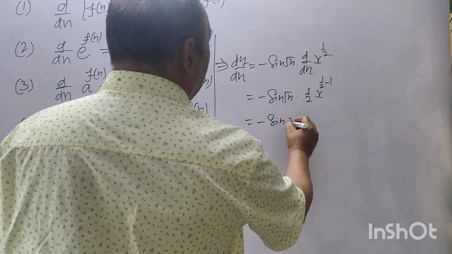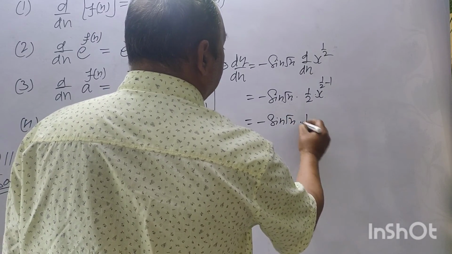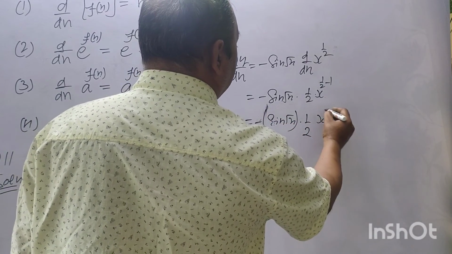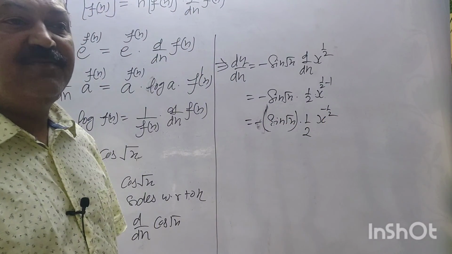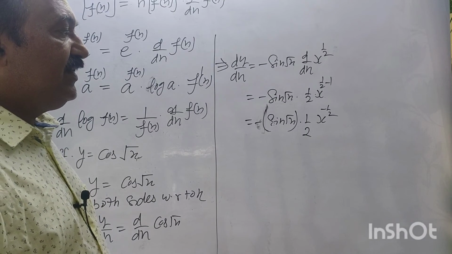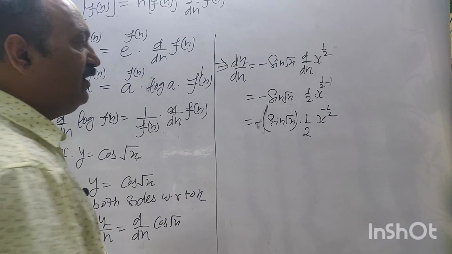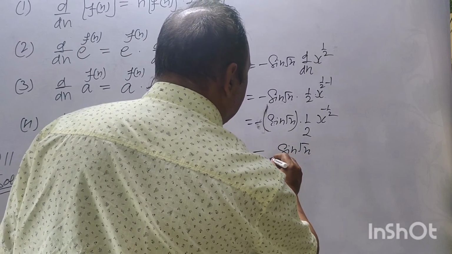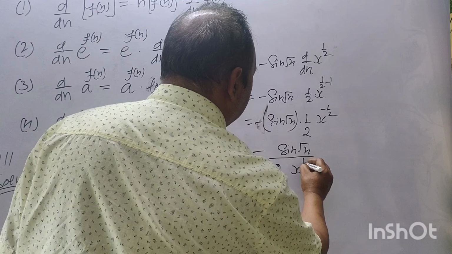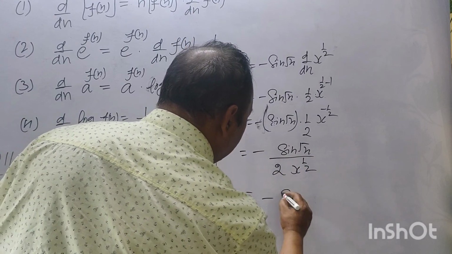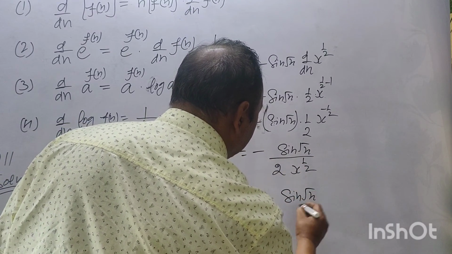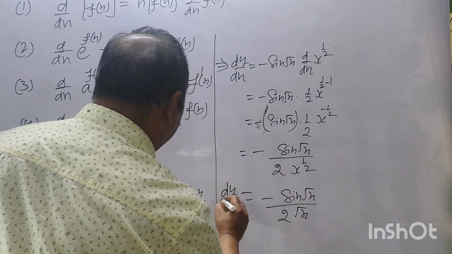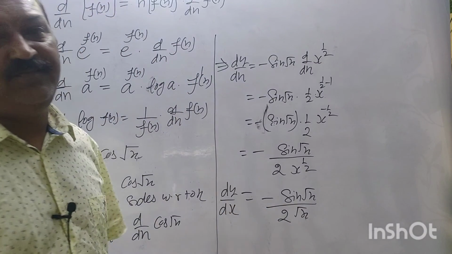Minus sine of under root x, 1 by 2 as it is, and x की power minus 1 by 2 can be written in the denominator as x की power 1 by 2. Minus sine of under root x divided by 2 into x की power 1 by 2, and that is equal to minus sine of under root x divided by 2 into under root x.